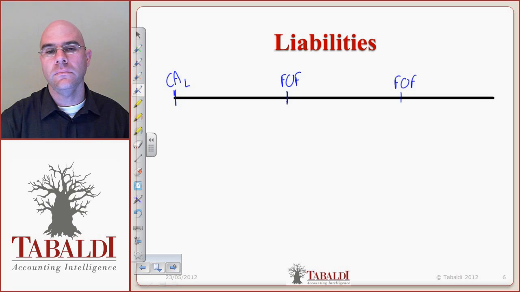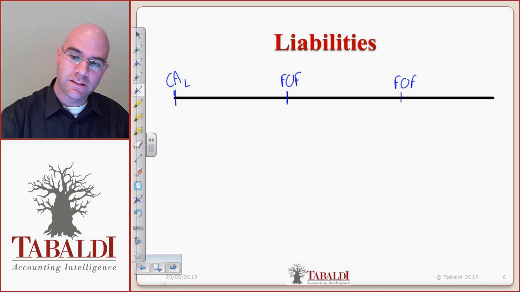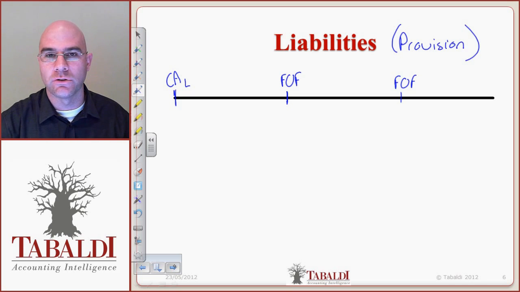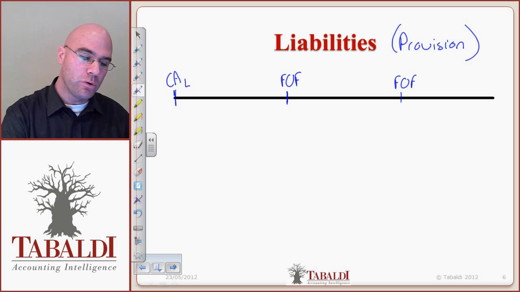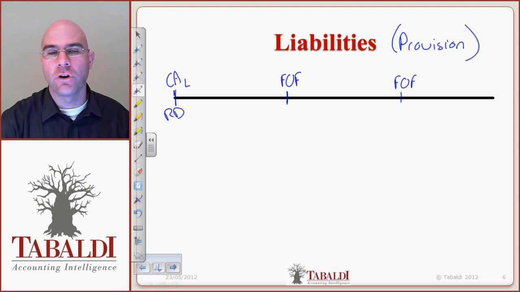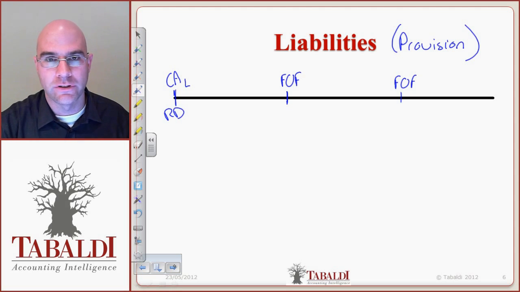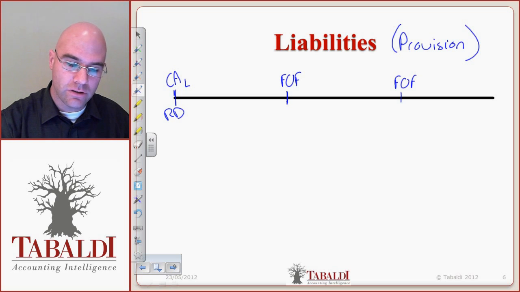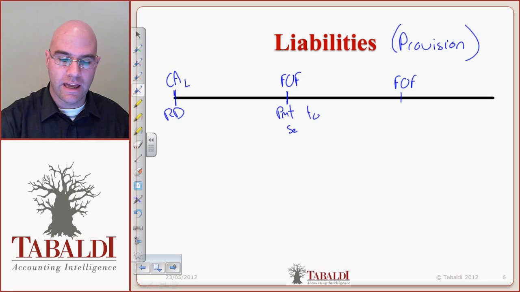Now, depending on the tax treatment, let's assume we are using a provision that is only tax deductible once it is paid in the future. Well, at reporting date, I've gone debit expense, credit provision. I've got an obligation. That obligation will be settled with future outflows. Let's say that there will be a payment to settle in cash.